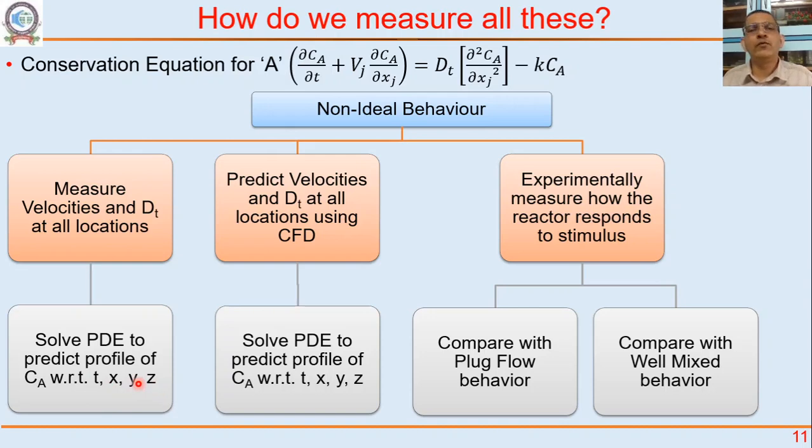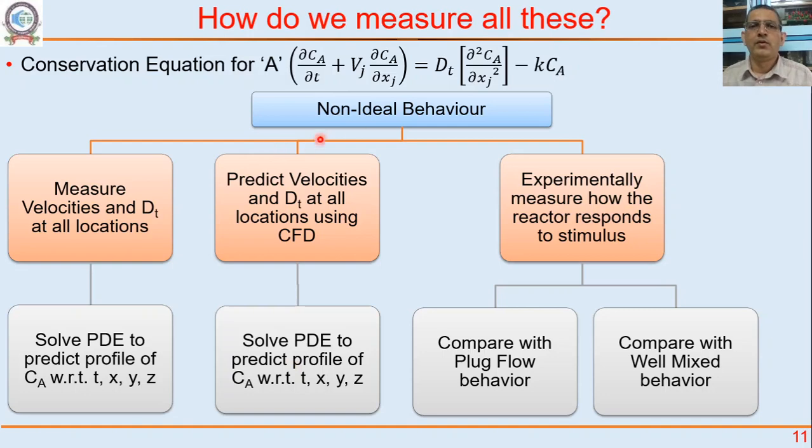And then we can calculate conversion, right? Or we can predict velocities and turbulent dispersion using computational fluid dynamics, and then solve this PDE and calculate concentration of A at various locations, as well as with respect to time, and we can calculate conversion between entry and exit.